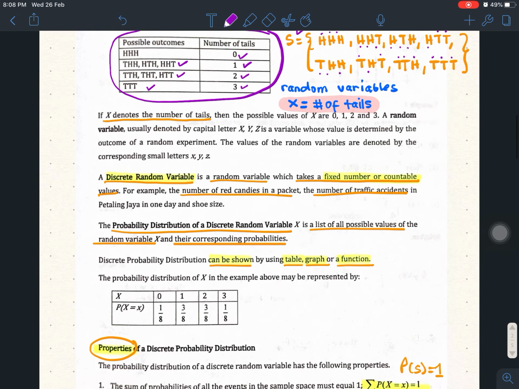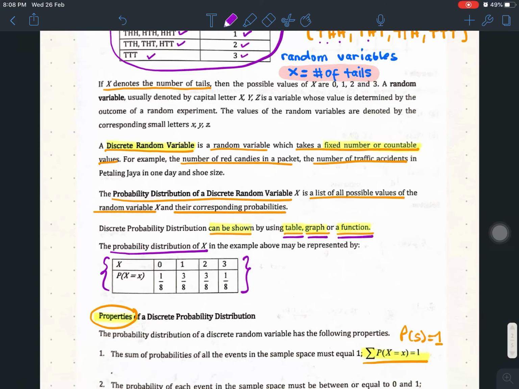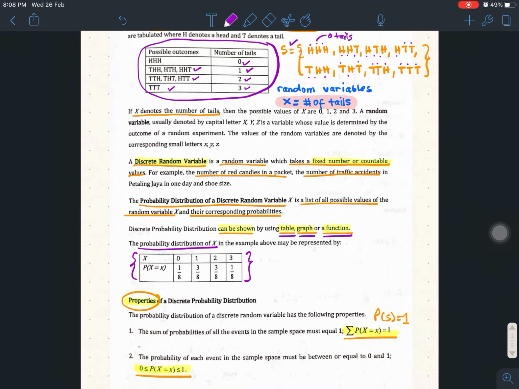Now, if they ask you to list the probability distribution of X, you can represent it through a table, graph, or function. Over here, they represent it in a table. You just simply draw your table.